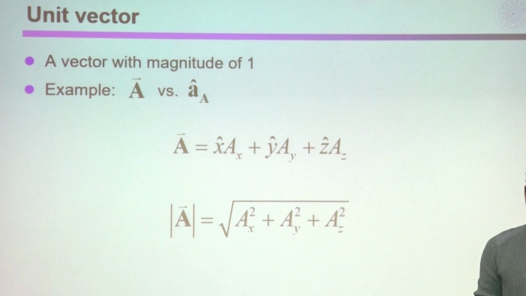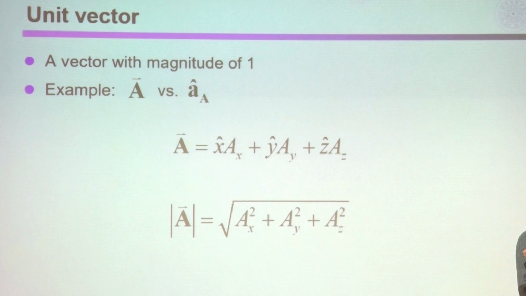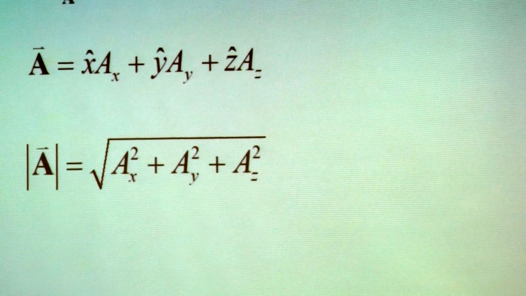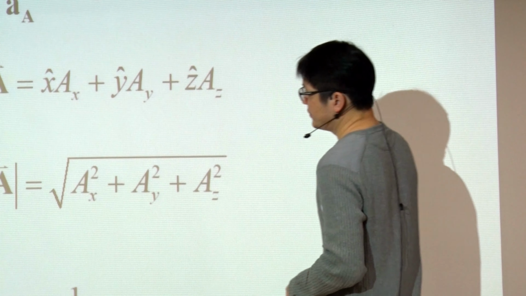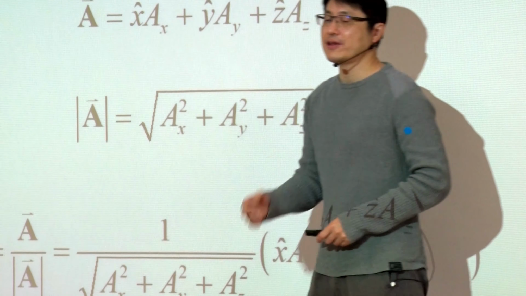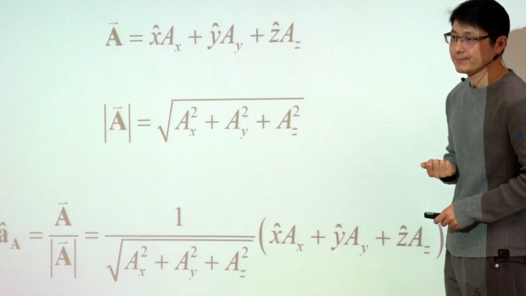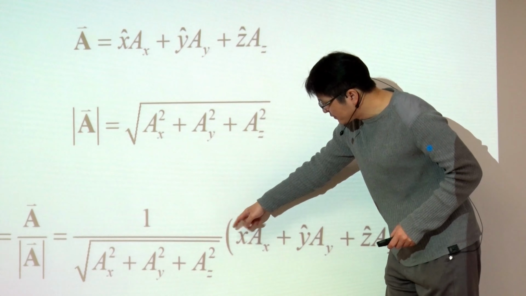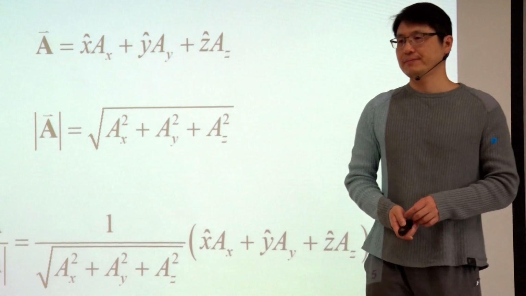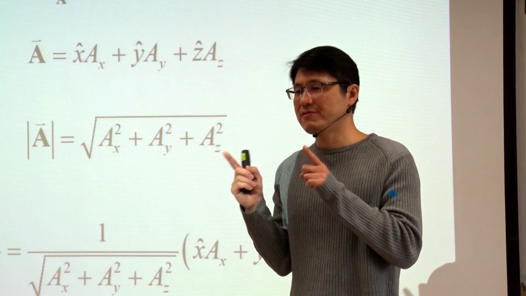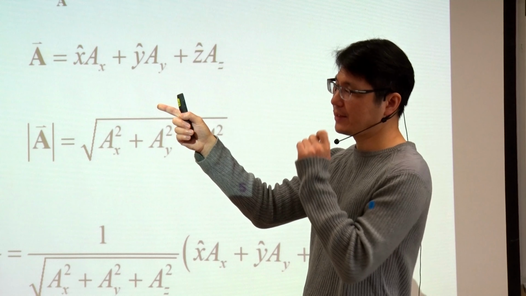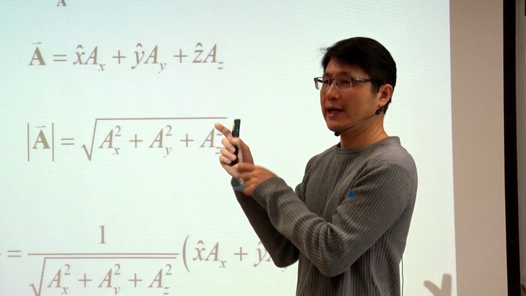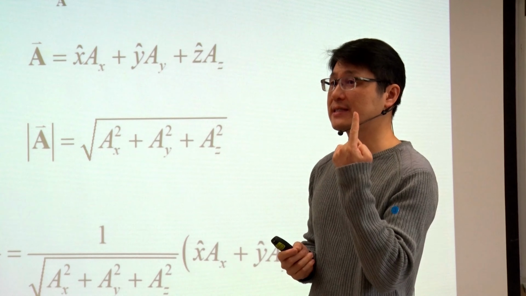That's your magnitude. So the magnitude of a given vector is its total length. Okay? So all you have to do is divide the vector by its total length, and then you have the unit vector. Okay? So the unit vector is the vector itself divided by its total length. That's it. So these two vectors, the original vector and the unit vector, will have the same direction, but the only difference is in their length. The unit vector has a length of 1.